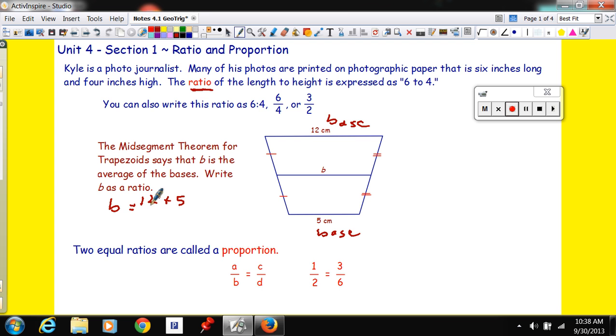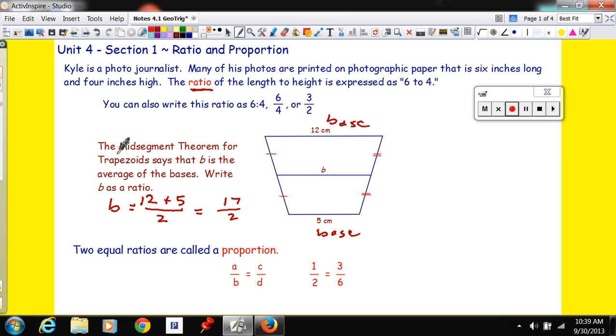Those are my two bases. And since there's two bases, you're going to divide by 2. Anytime you want to find the average, you add up the numbers and you divide by how many numbers you're adding. So in this case, we're adding two numbers, so we're going to divide by 2. Now that's really not a ratio, technically, because there's a plus up here on the top. Our ratio would actually be 17 over 2.